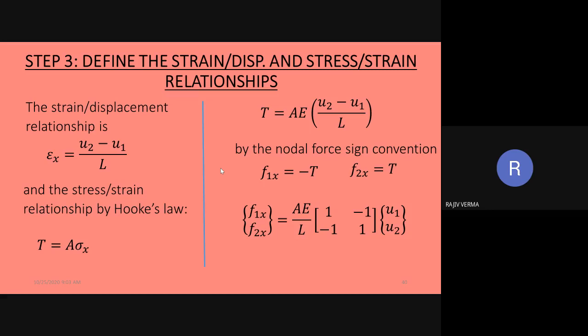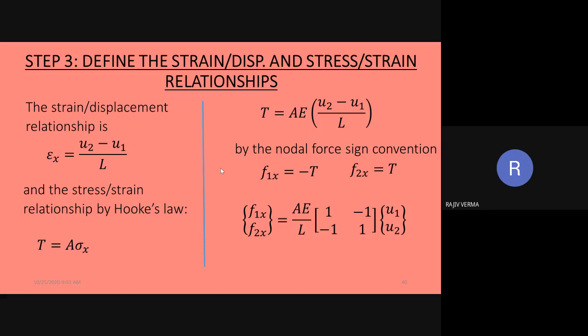So this is the general step which has been followed for the case of a structural element. You simply start with a relationship which exists between stress and displacement, and then you have another relationship between stress and forces.